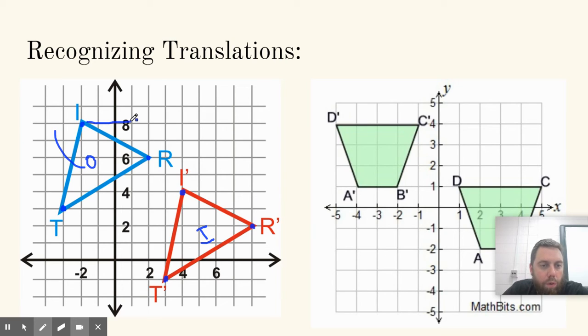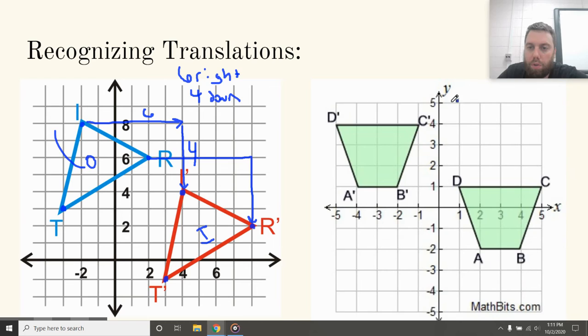Well, it's been moved right, 1, 2, 3, 4, 5, 6. 6 to the right, and 1, 2, 3, 4. 4 down. Now, following that same trek, I should be able to go from R to R prime. 1, 2, 3, 4, 5, 6, and 1, 2, 3, 4. Sure enough. Okay, so recognizing the translation, it is 6 right and 4 down.